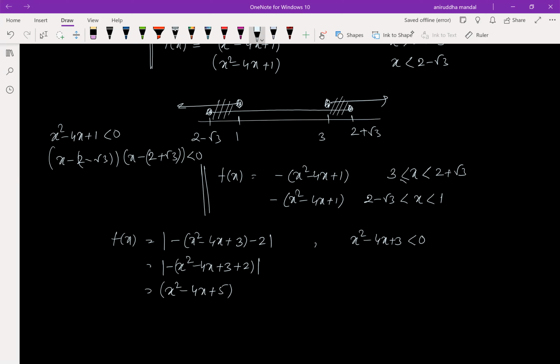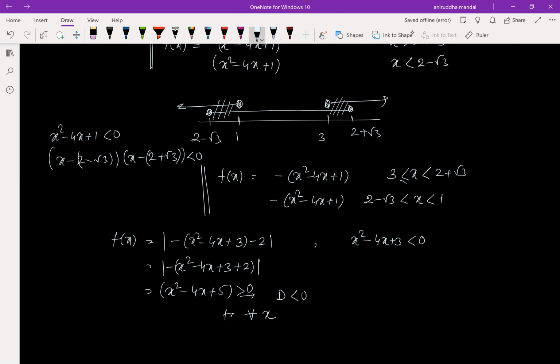Okay, this is always positive. So we see D value is less than 0, so which means this is always positive for any real values of x. Okay, so this is always positive for all real values of x.